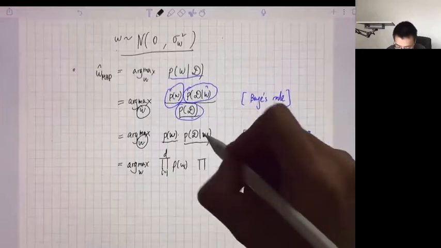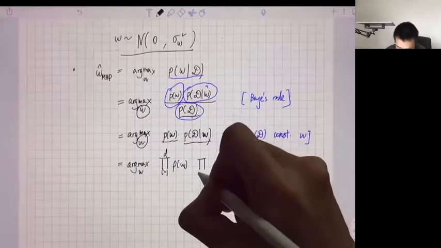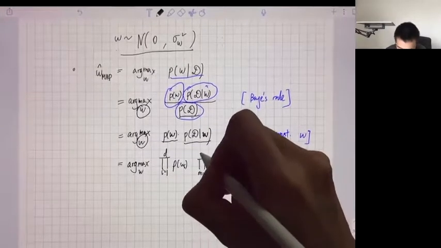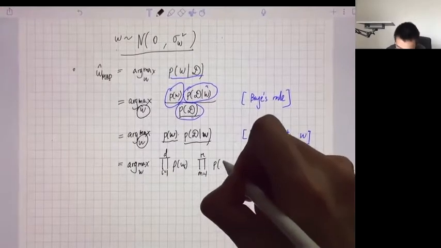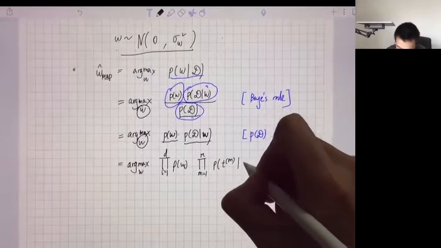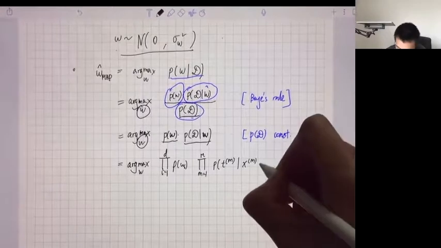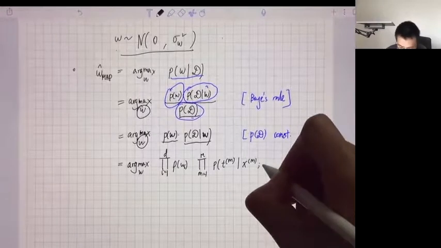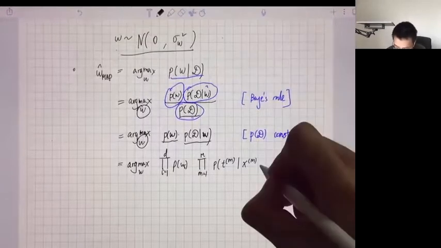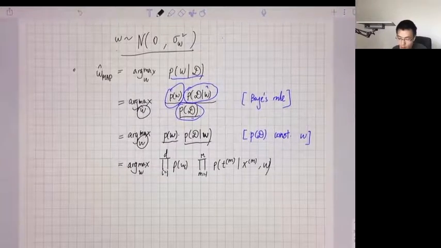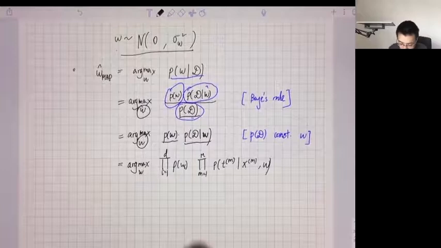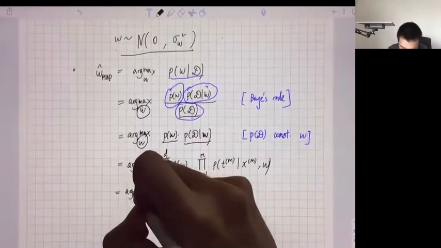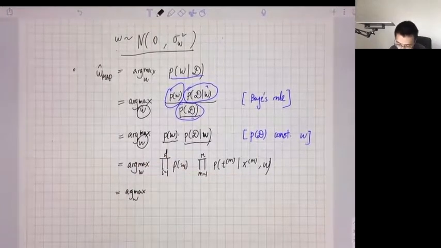So this term is what we know. So this is from data sample 1 to M, P of t_m given x_m parameterized by W. And this time it's given X and also W because I model W as the random variable. So this gives me argmax W.